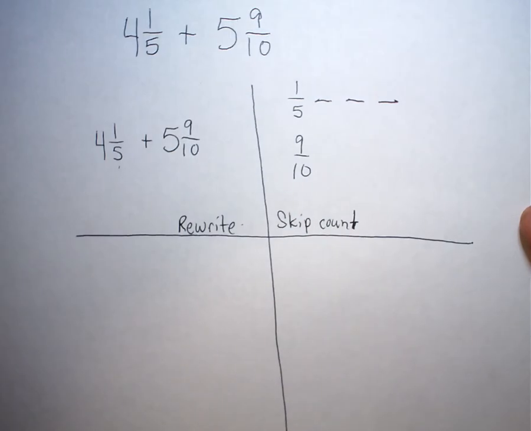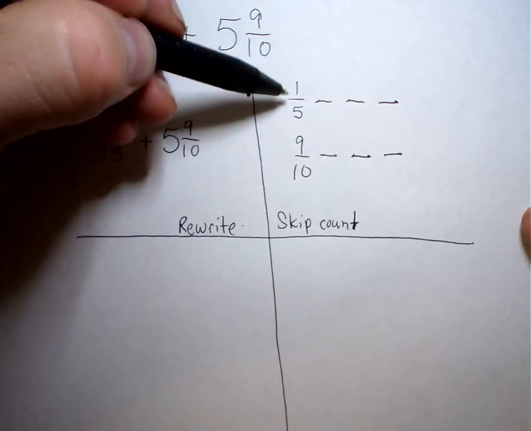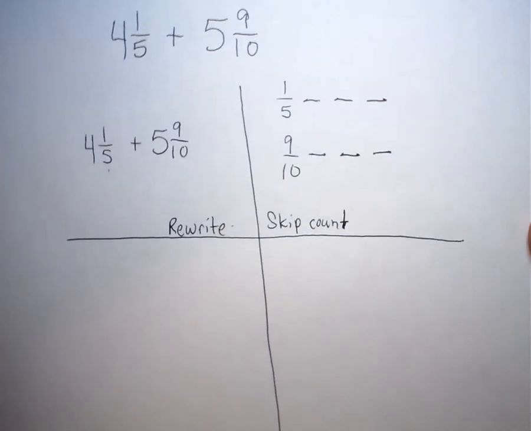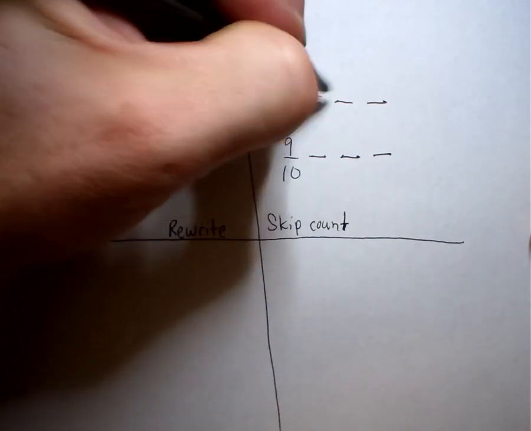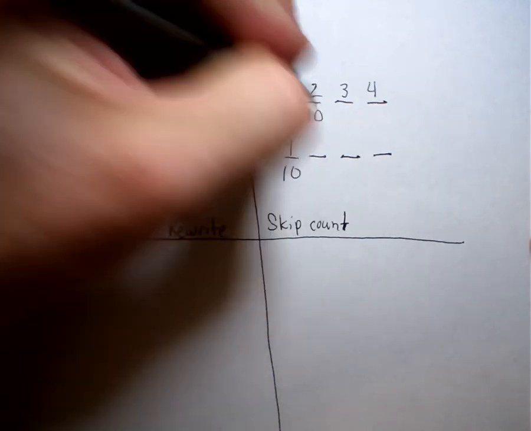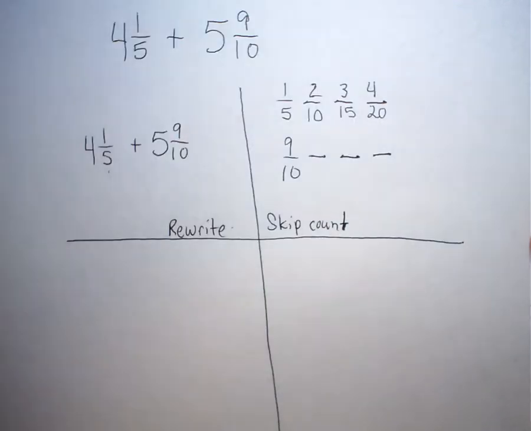I'm going to skip count all the numerators and denominators, starting with the fraction with the smallest denominator. So I'm going to skip count by ones, which is just counting 1, 2, 3, 4. Okay, and if I skip count by fives for the denominator, it's going to give me 4 equivalent fractions to choose from: 10, 15, 20.